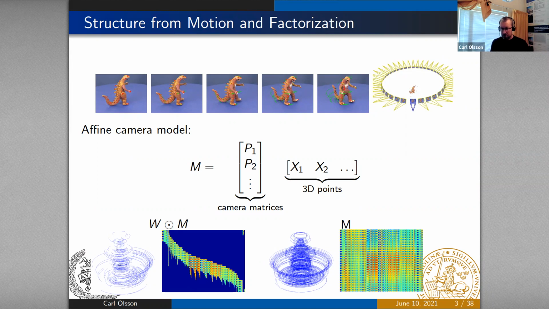So if you have some kind of singular value penalty, it's not essential that you really reach that low rank that you want. But here, if I don't have the right rank, then these factors are not going to be of the correct size, and I won't be able to interpret this as a rigid scene any longer. So I think that's an important thing to have in mind when you solve these.